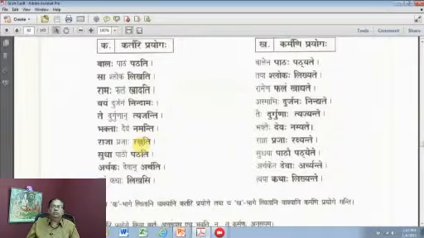Now Rajan Shabda is used here. Rajan, this is Nakaranta Pumlinga. Rajan Shabda. Raja, Rajanau, Rajanaha, Rajanam, Rajanau, Rajnaha. Then Tritiya, Rajna, Rajabhyam, Rajabhihi. Rajne, Chaturthi, Rajabhyam, Rajabhyaha, Rajnaha. Like that it goes.